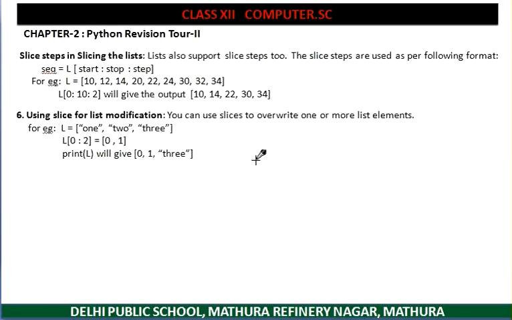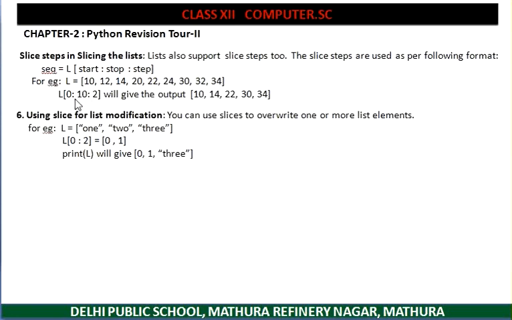Now step in slicing the list. Lists also support a slice step. With the help of the step option, you can skip elements in the list. So here is the syntax: sequence is equal to L[start:stop:step]. Here step is optional, and with the help of the step value you can skip elements. Example, L[0:10:2].